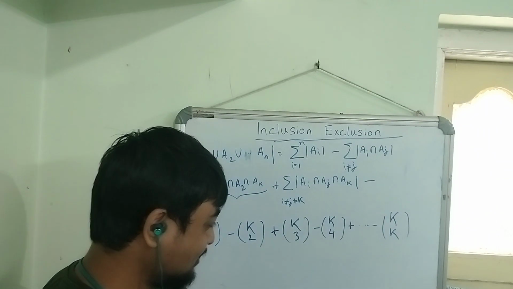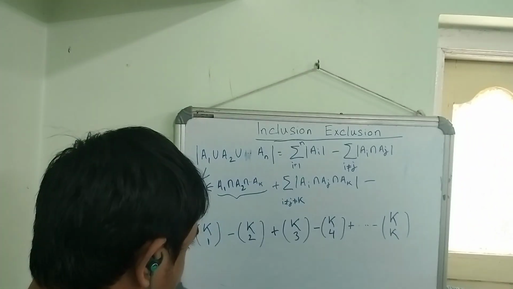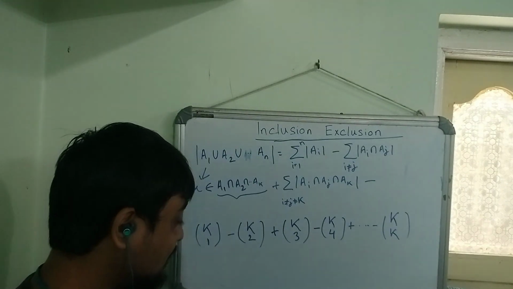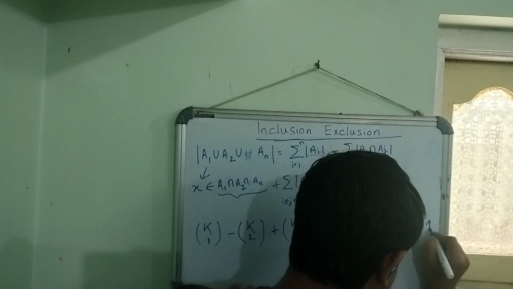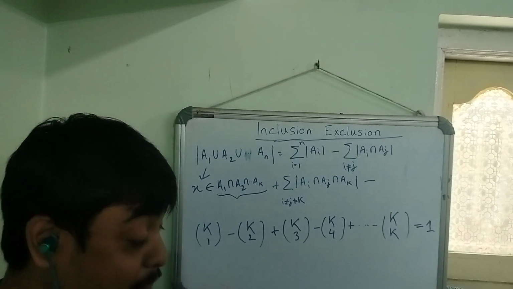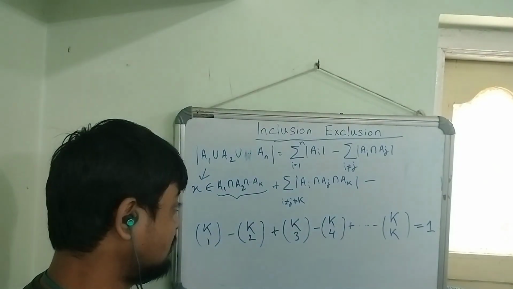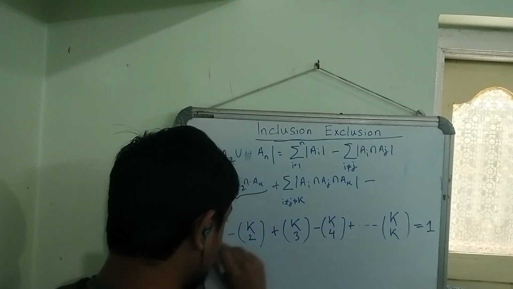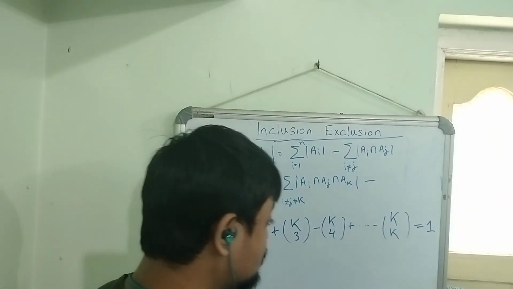So what is the inclusion exclusion principle saying? It is saying that this must be equal to 1. Remember the old thing I told, that each and every element must be counted exactly once. So this is the number of times it is counted, and the principle holds true if this is 1.